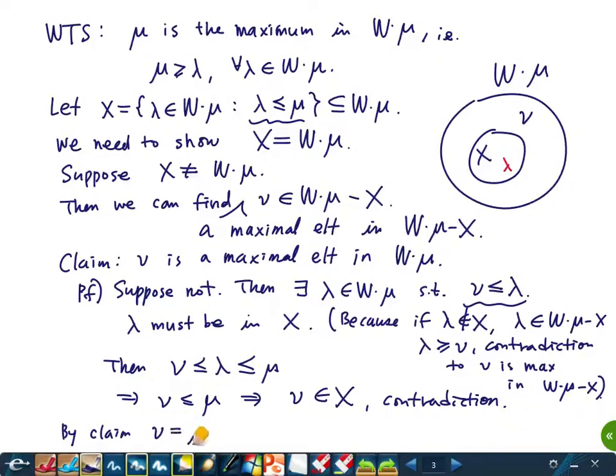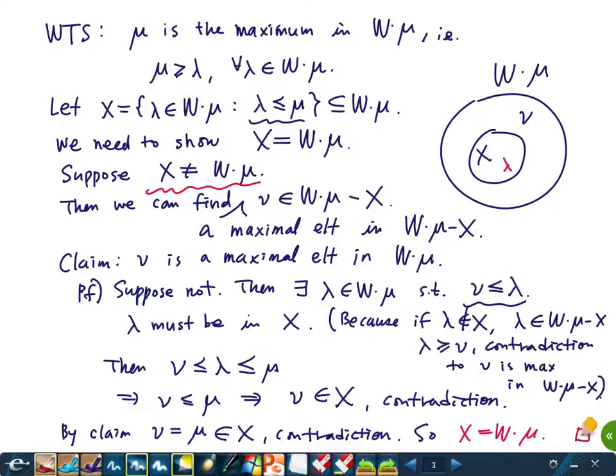Nu must be equal to mu, because mu is the only maximal element, but then this is inside X, of course, which is a contradiction. So this cannot be the case. We must have X equal to the whole set, and that's the end of the proof, because we got a contradiction if we suppose this.